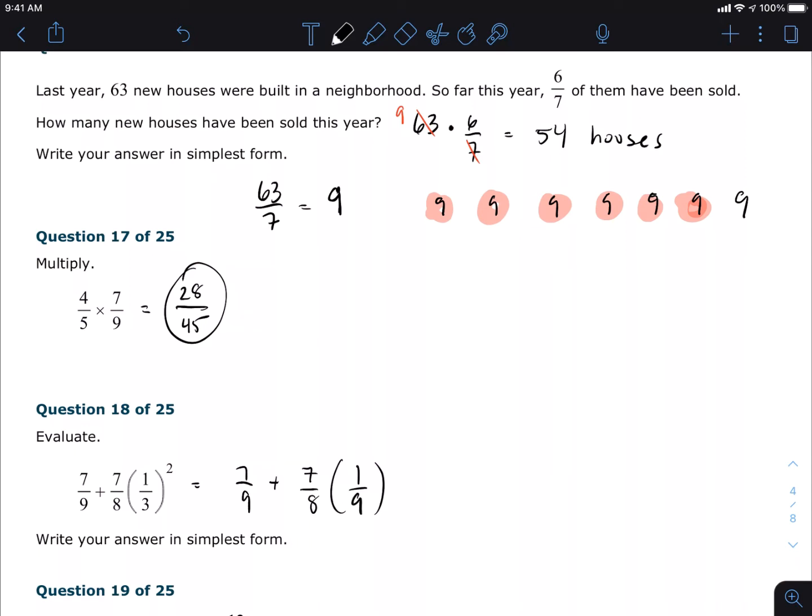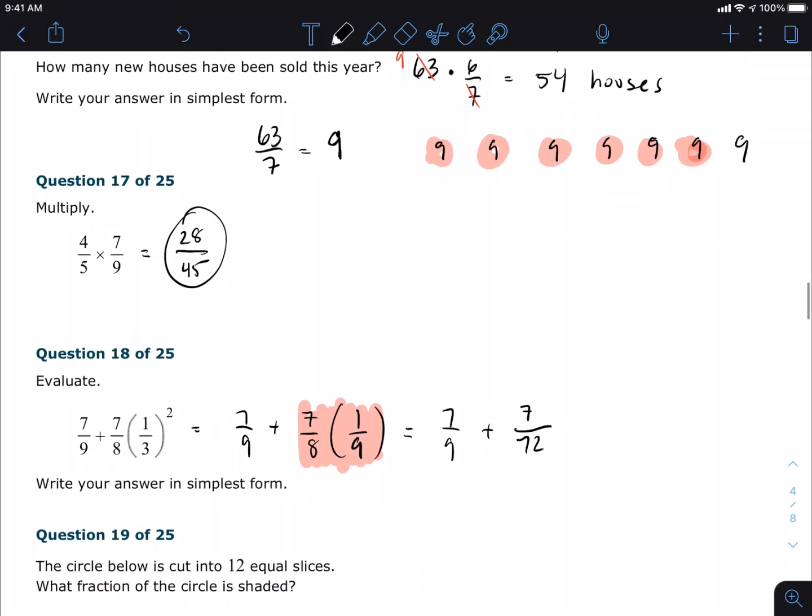Well, now that we've done that piece, we need to deal with this. And this is a product, so we need to multiply first. And when we multiply first there, I'm going to get 7 in the numerator, and 8 times 9 is 72, correct? And now from here, I need to get common denominators.